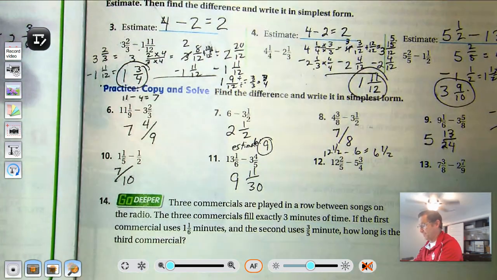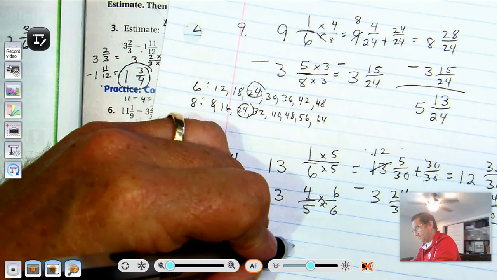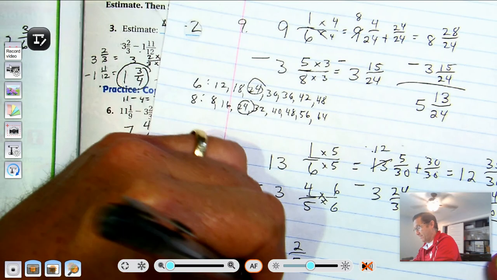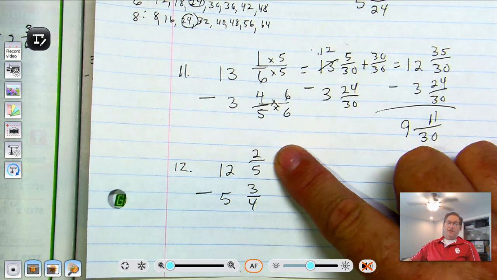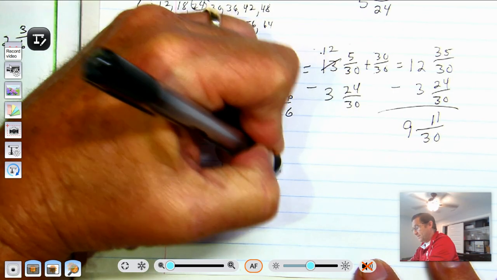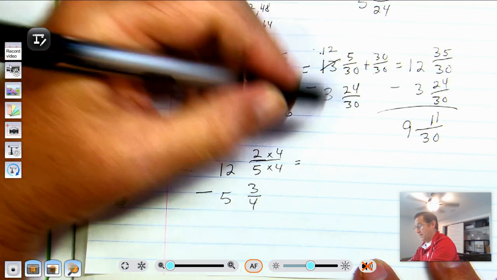So let's try it. 12 and 2/5 minus 5 and 3/4. Since 5 is prime, I'm just going to multiply it with the 4 to find a common denominator.